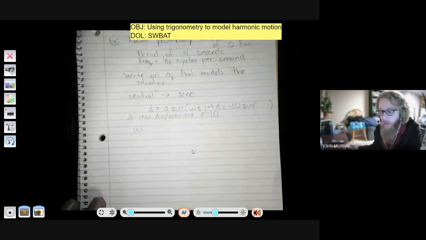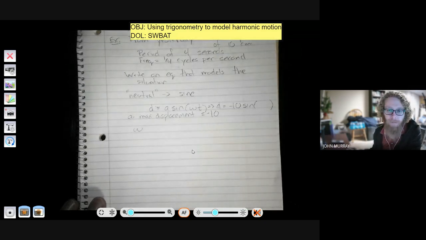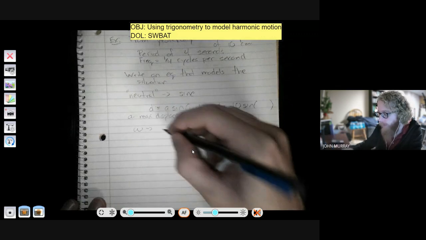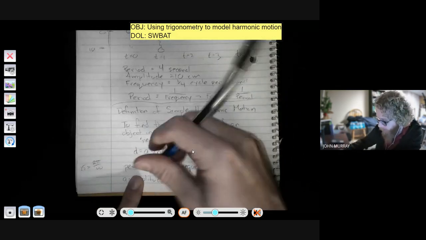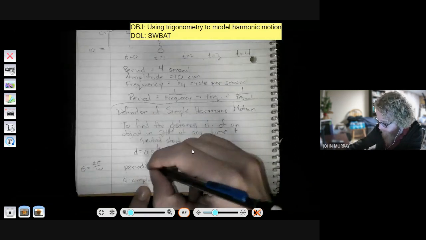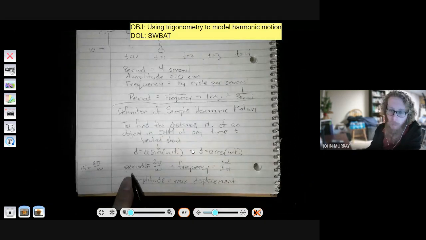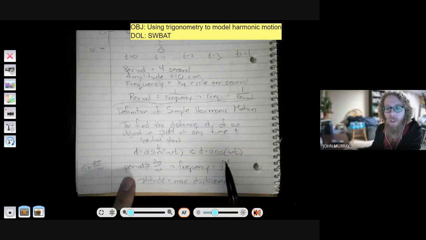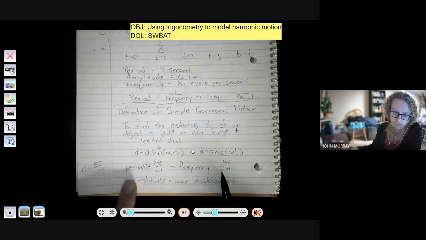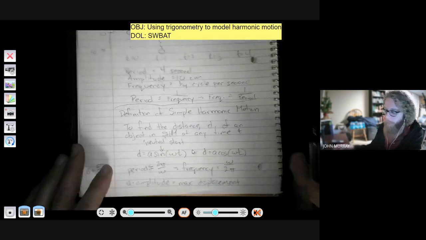So now we have to find our omega. To find the omega, we're going to use one of these two. You're going to either set the period equal to 2 pi over omega or the frequency equal to omega over 2 pi. It doesn't matter which one we do.